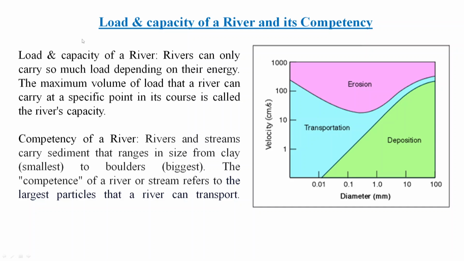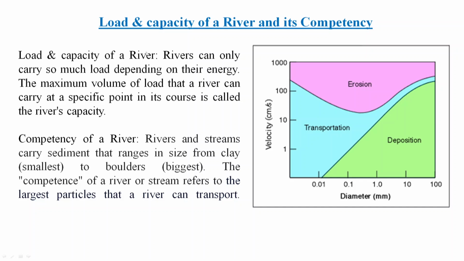There are two terms commonly used whenever we are talking about the transport of material through a stream: the load and capacity of a river. Rivers can only carry so much load depending on their energy. The maximum volume of load that a river can carry at a specific point in its course is called the river capacity.